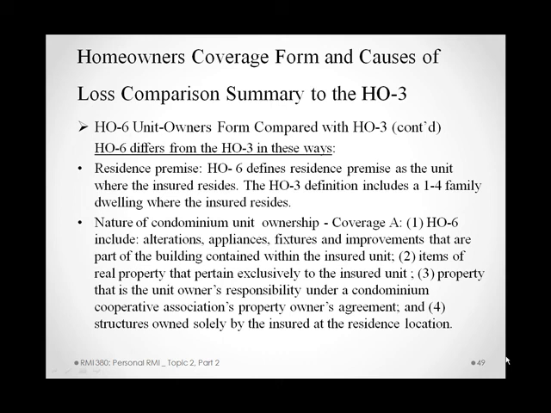It also covers the property that is the unit owner's responsibility under a condominium cooperative association's property owners agreement, and the structures owned solely by the insured at a residence location. So for example, if your condo is a 2-story condo where only your wall is attached to your neighbors, the floor between the first floor and the second floor will be considered your own property.